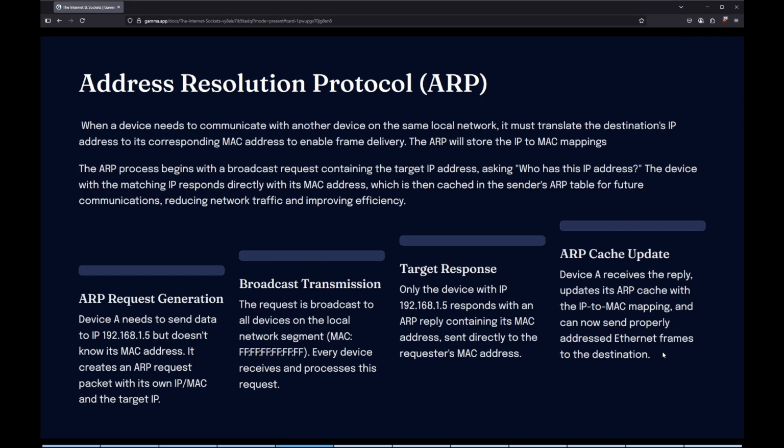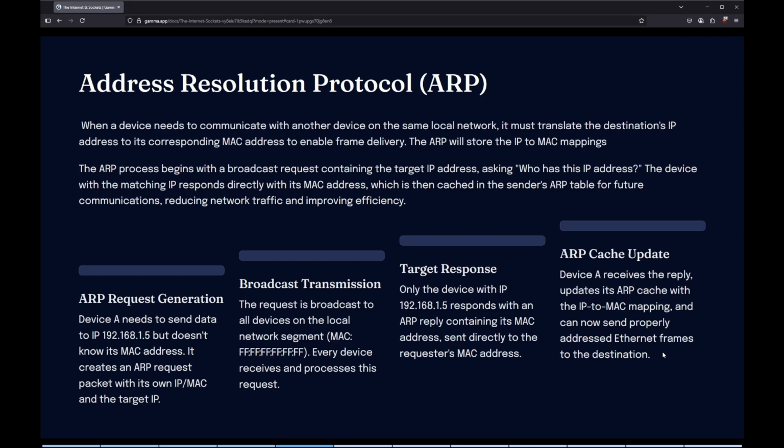We need to know which device is actually using what IP, as the MAC address, or media access control address, won't actually change. This MAC address is a physical address that's put into your device when it's being manufactured, and it's used as a unique physical device identifier.